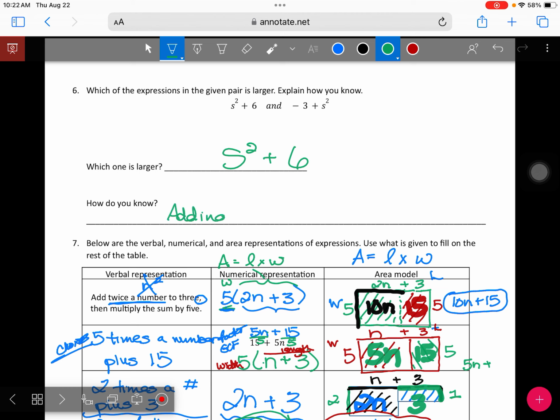Adding 6 to the same number is going to be greater than subtracting 3 from the same number. Okay? Don't just say because 6 is greater than 3, give me a little bit more there.